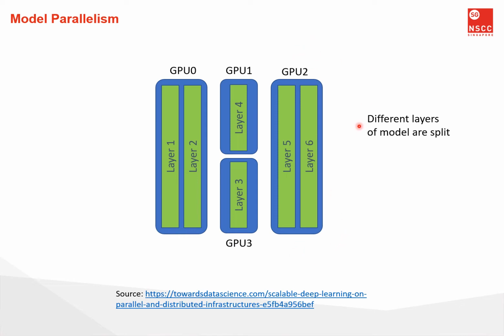So the different layers of the model are no longer replicated within each GPU or node. This is the case where the model is so large that it cannot fit into one single GPU. We cannot replicate it because the model information itself is very large and cannot fit within one single machine.